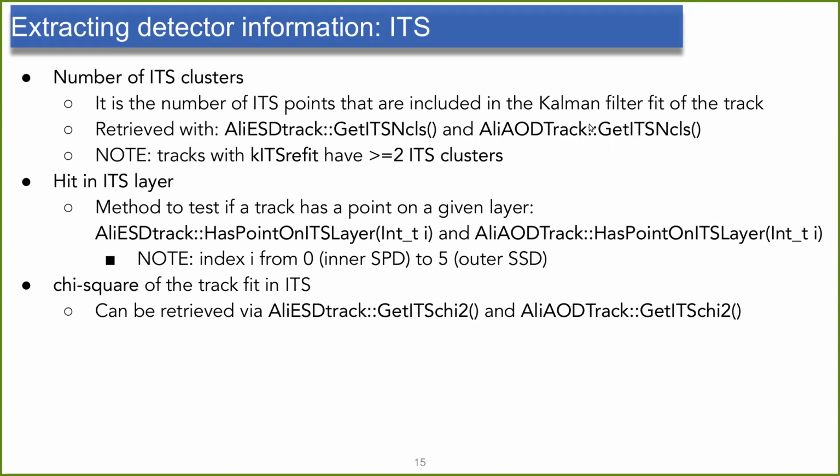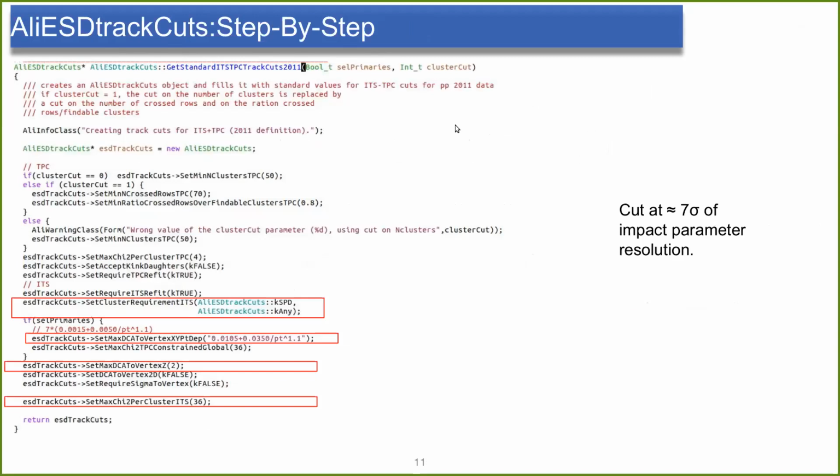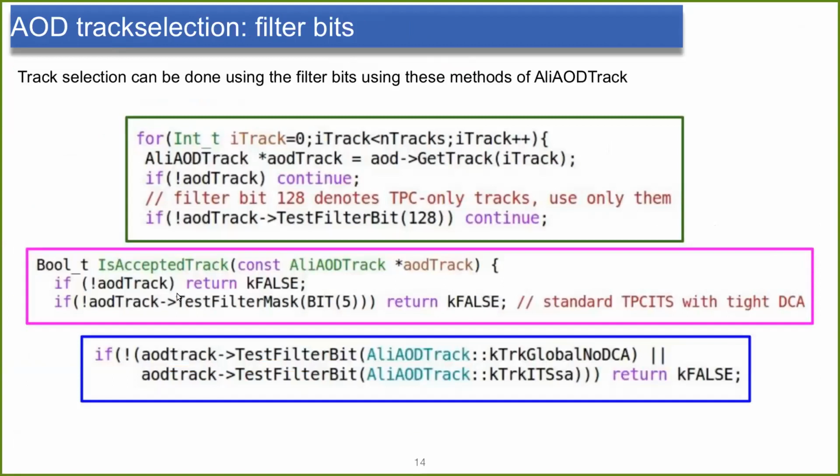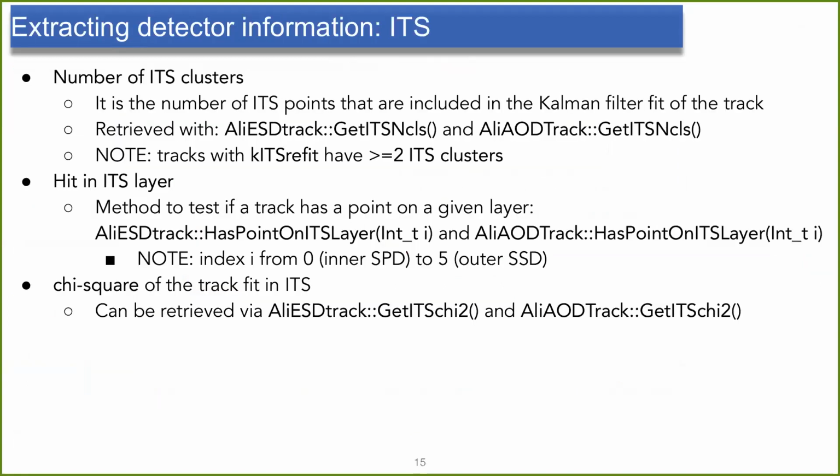One needs to be careful that if you activate kITSrefit, which you can see in the track selection 2011 where we always set ITS refit true, that means it will use the ITS clusters in the track reconstruction.